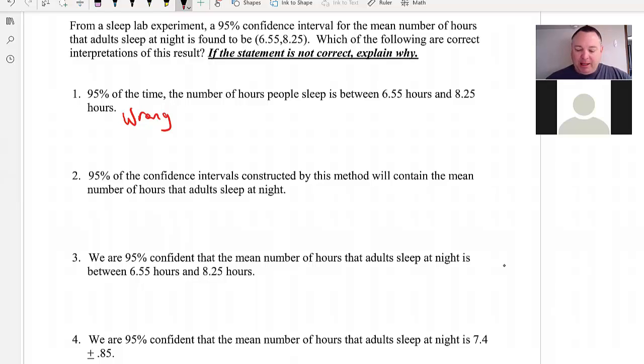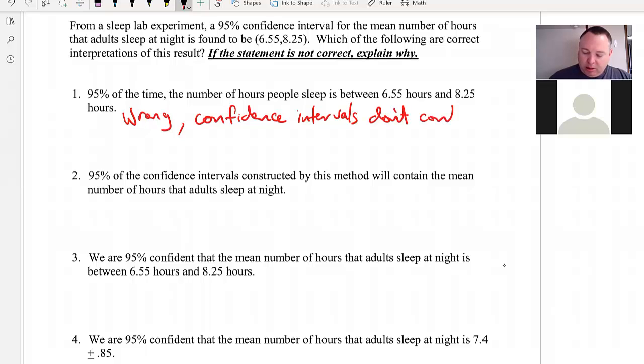What we mean is that 95% of the intervals capture the correct measurement or the correct number. So confidence intervals don't contain 95% of the measurements.